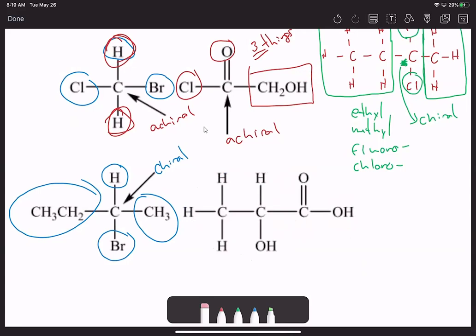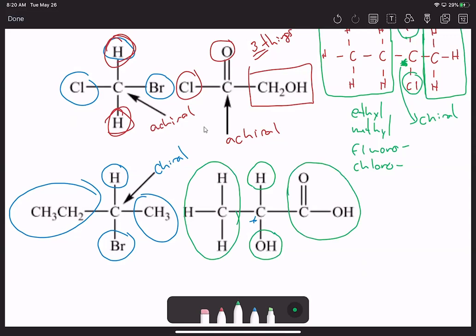So let's take a look at this carbon here, and I'm going to circle all the things that are attached to that carbon. So here's 1 thing, hydrogen. Here's a hydroxy. There's this methyl group attached to it. And then I have a carboxylic acid functional group attached to it.